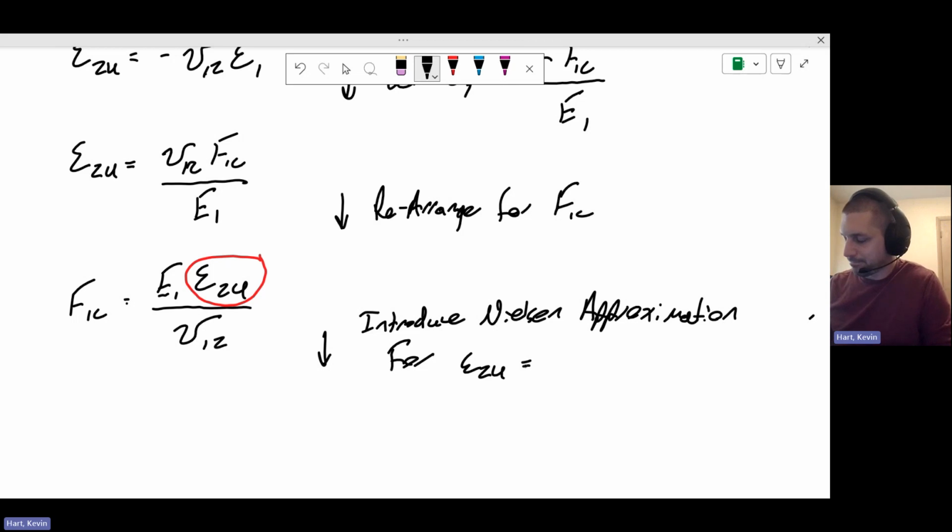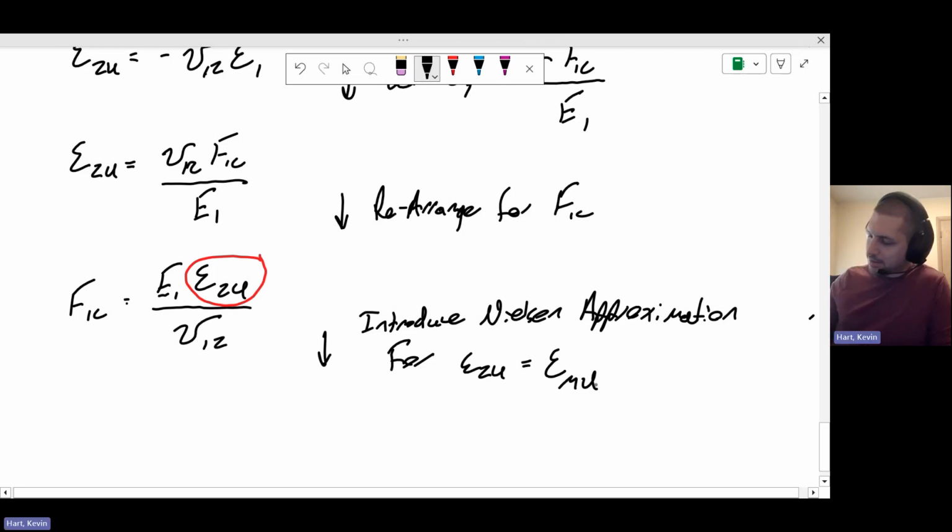And I'll just present it here with no additional comment. And that is that the strain to failure of the matrix in the ultimate sense depends on the volume fraction to the 1/3.